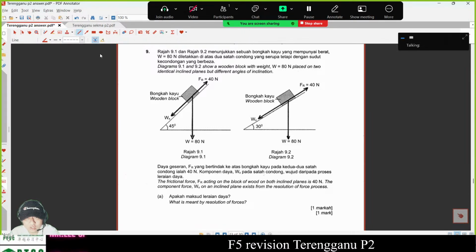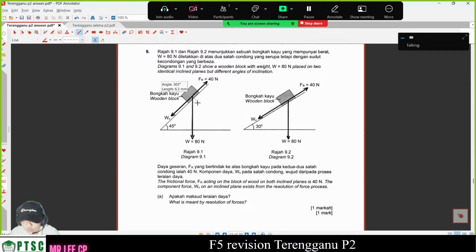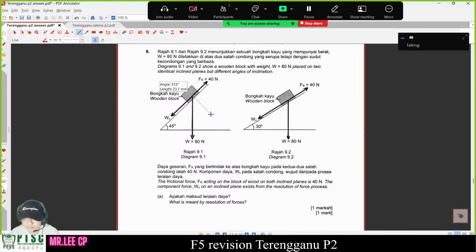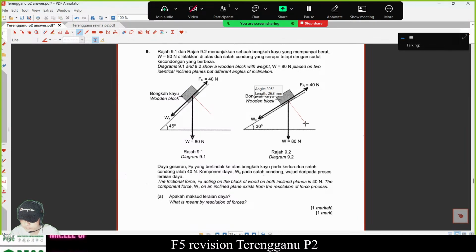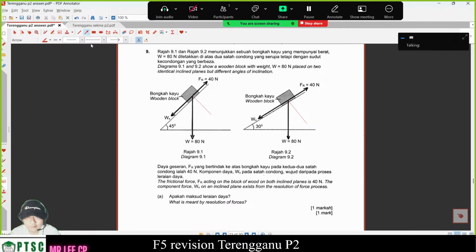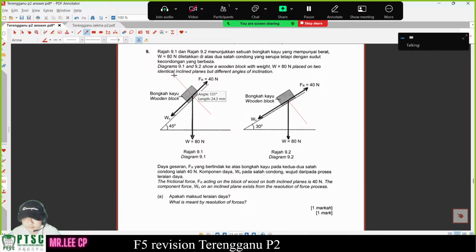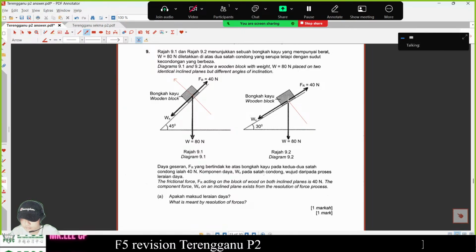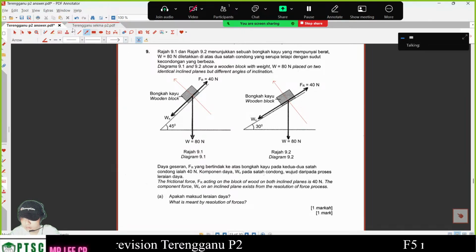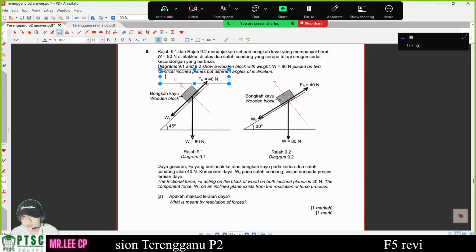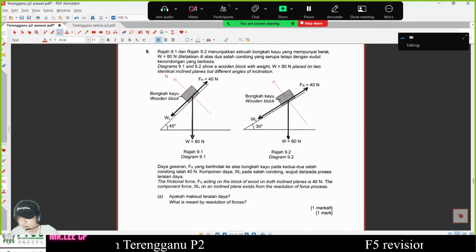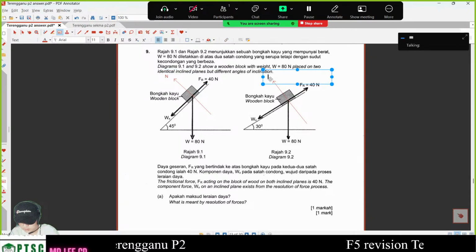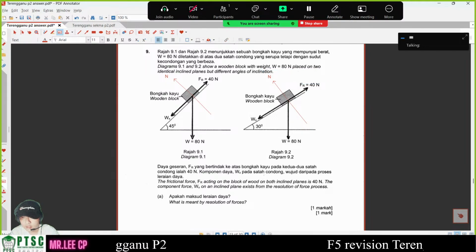You must know how to draw the normal line. This one is normal.